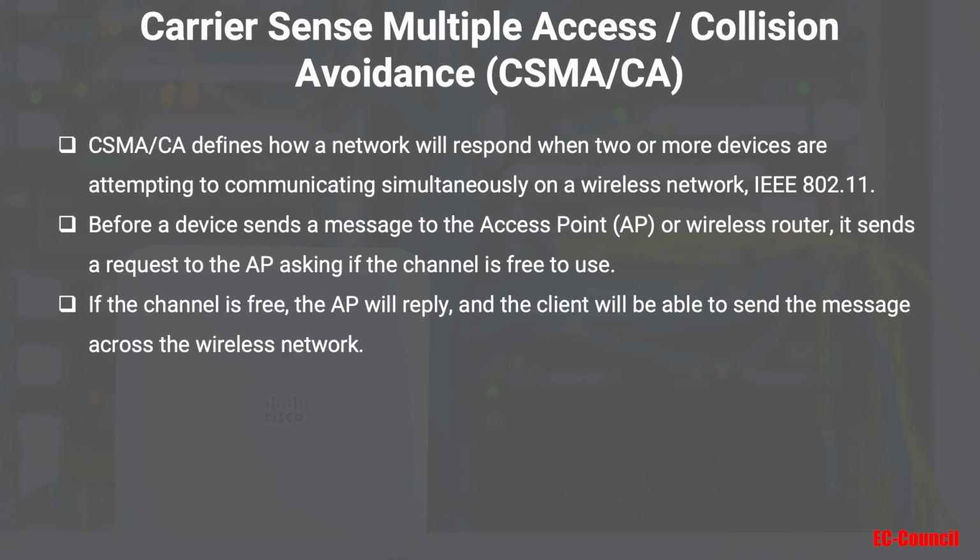Before a device sends a message to the access point or to a wireless router, it sends a request to the access point asking if the channel is free to use. If the channel is free, the access point will reply to the client, therefore telling it that the channel is free to send. The client will now be able to transmit its message across the wireless network, and this happens all the time.